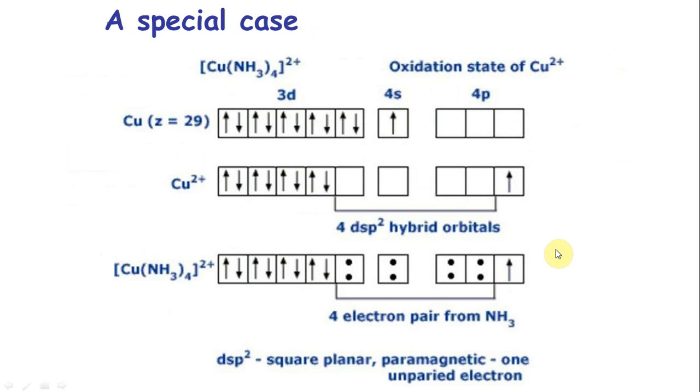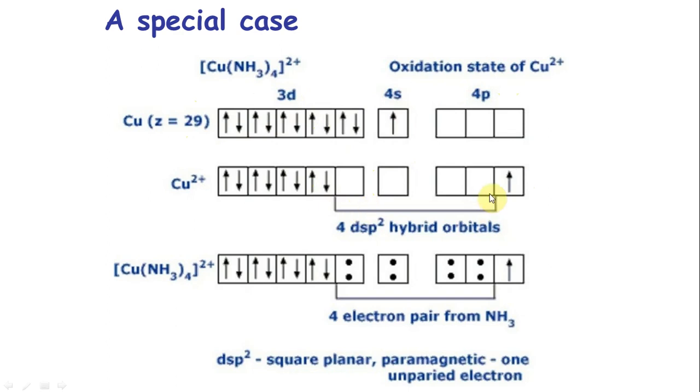This is a special case you want to know. Obviously, what's chemistry without exceptions? This happens only for Cu(NH3)4 2+, tetraamine copper 2. Copper is 4s1 3d10, so copper 2 plus is 3d9. Now this electron gets pumped to the 4p orbital.